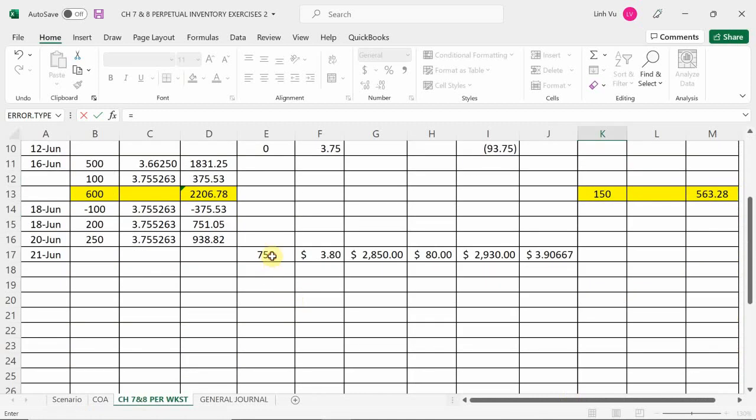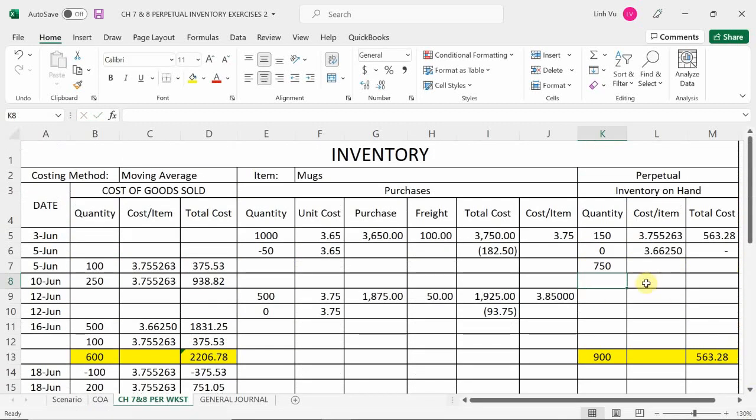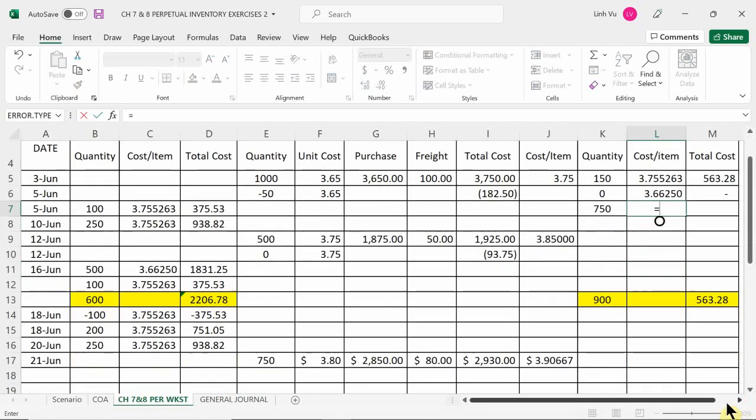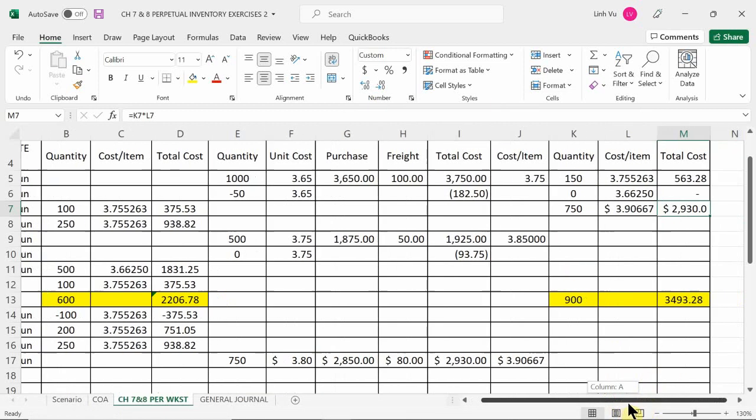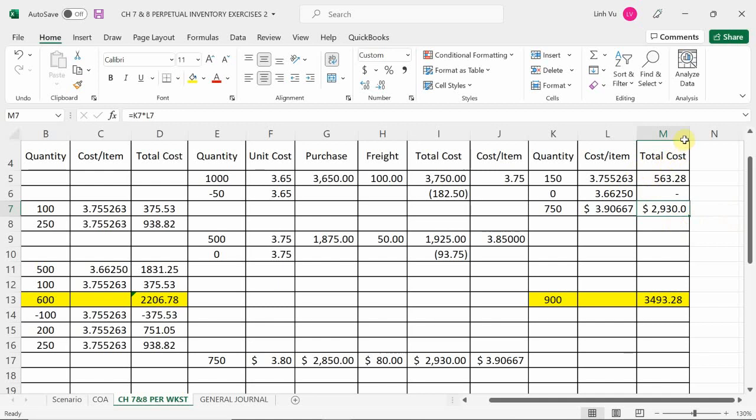That I just purchased 750 units. Okay, which should give me $2,930.